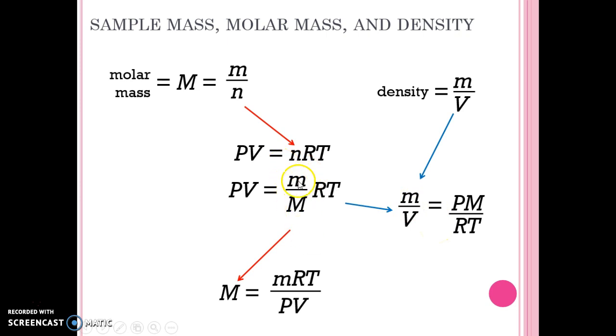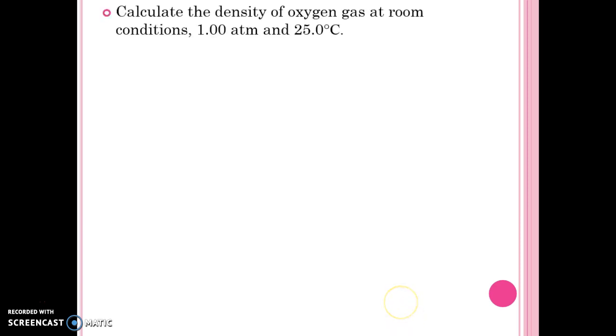So mass and molar mass in here instead of moles lets you express the ideal gas law in a version including density. This slide now has a couple of sample problems to do, so please feel free to stop and try it on your own before you take a look at the answer.